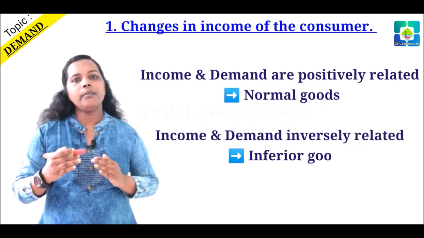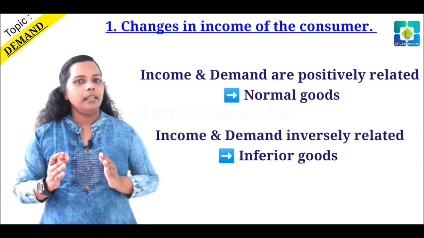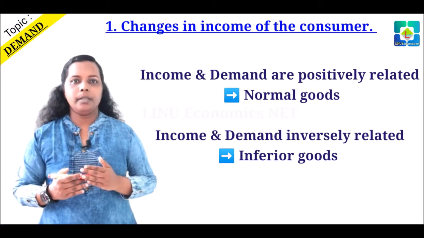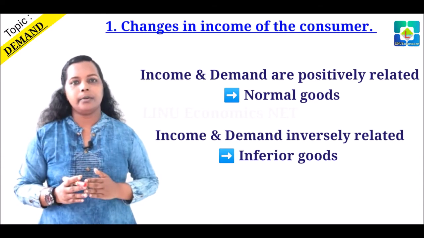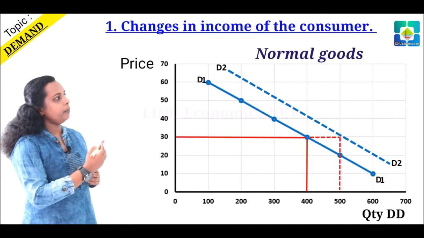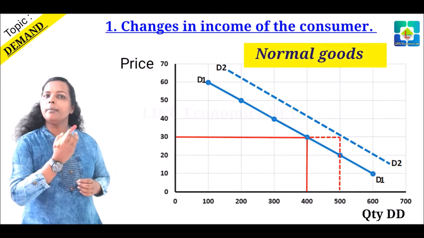There is a positive relationship between consumer's income and the demand in the case of a normal good, and there is an inverse relationship between the income and quantity demanded of an inferior good. So please look at this diagram. Here, the demand curve shifts to the right side because of the consumers' income increase.